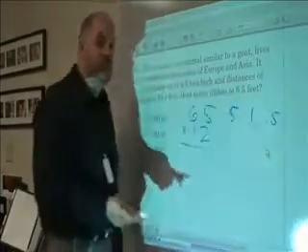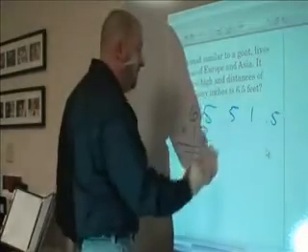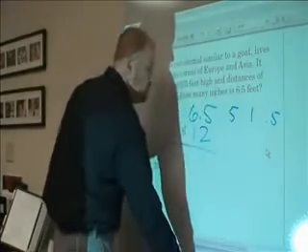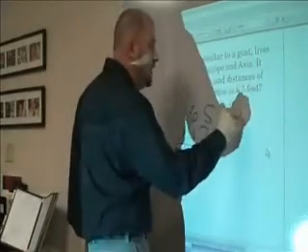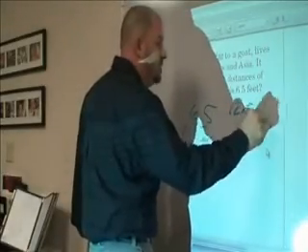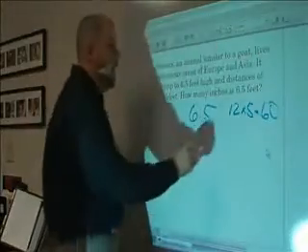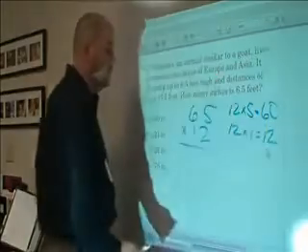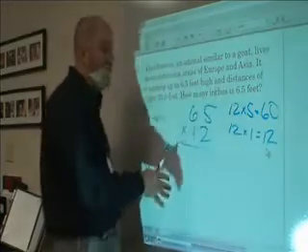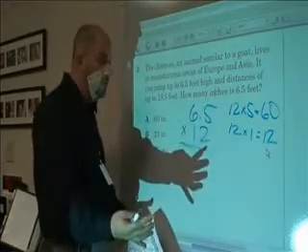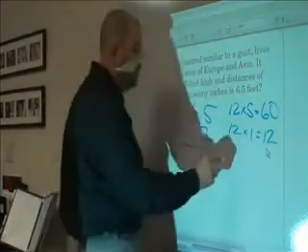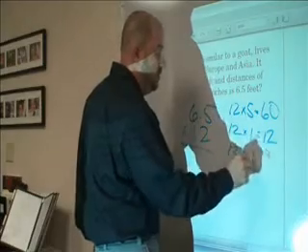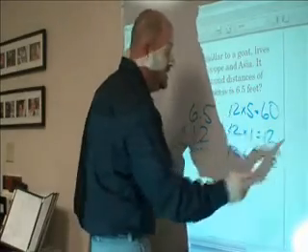Because I know 12 times 5 equals 60, right? I know 12 times 1 equals 12. And I know 0.5 is half of 12. So 12 times 0.5, half of 12 is 6.